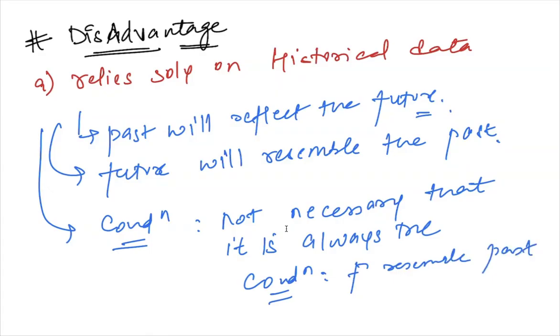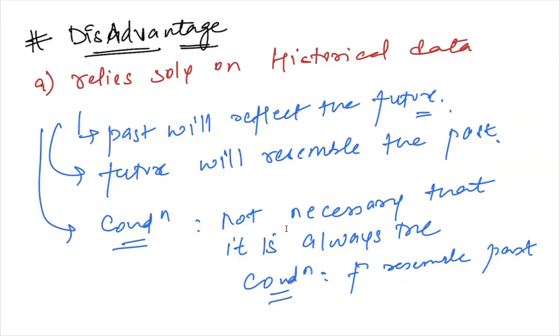Let's take an example. I don't want to specify a company, but let's say a company has been performing badly in the last few years, but recently because of AI development, it has grown massively. If you are building this method just on historical data, it might not give you an accurate value at risk for your portfolio.